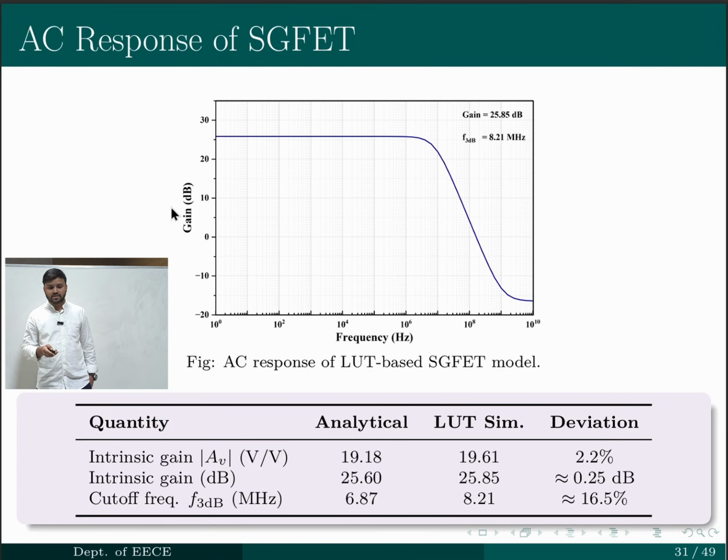The AC simulation result is shown here, showing the deviation between the analytical and LUT simulation. There is a small error deviation in the gain, but more error in the bandwidth.